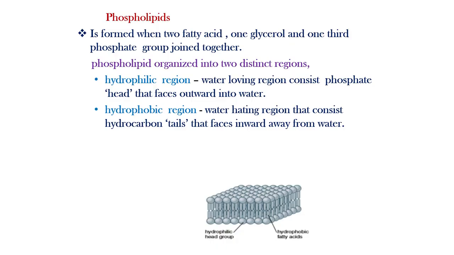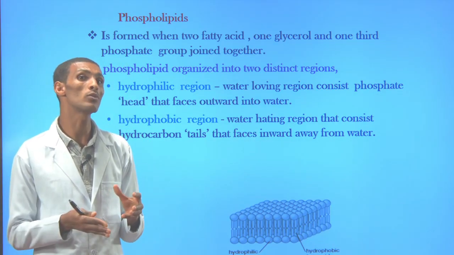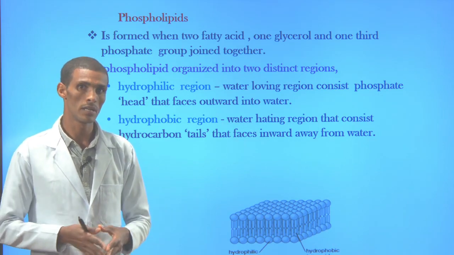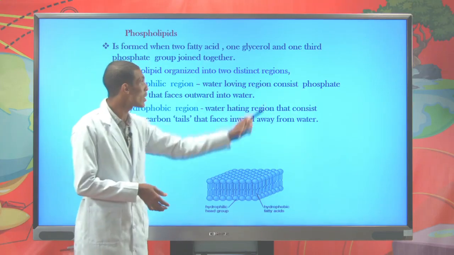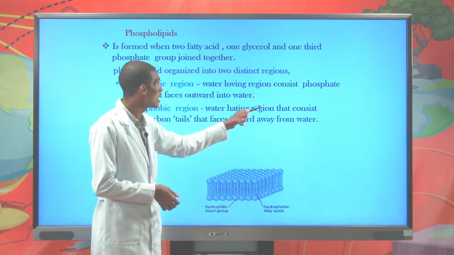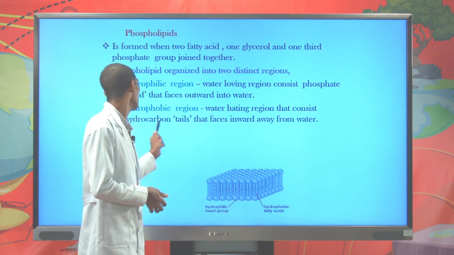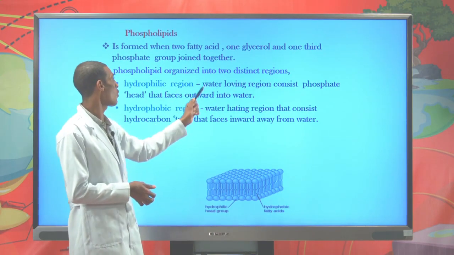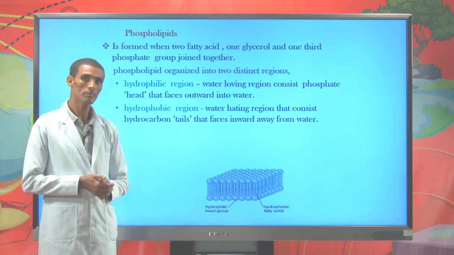This is a water-hating region that contains a long chain hydrocarbon tail that faces inward away from the water. The head is outward into the water, the tail inward away from the water. The tail is water-hating, whereas the phosphate head is water-loving.